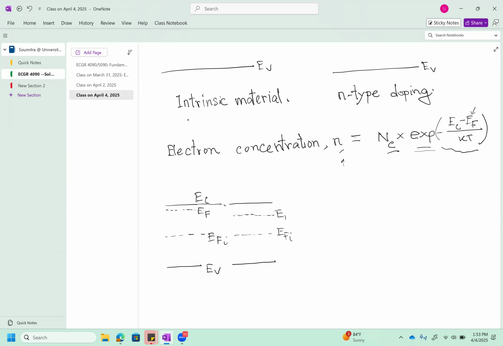So maybe this is my new EF, and this is EC, EV. And then the third part, I dope it even lower. So if I dope it even lower, then EF is going to be as close as possible to EFI. So it is almost intrinsic.